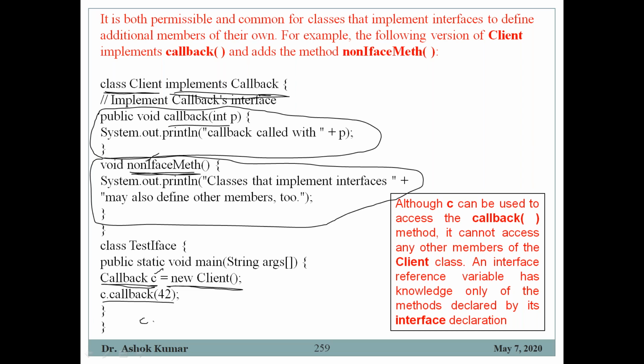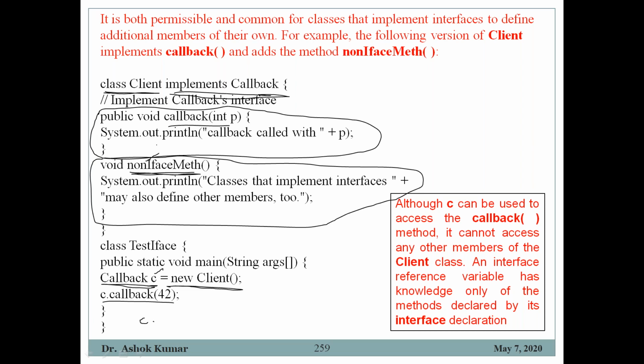So these methods cannot be called with the interface. If you try to execute c dot non-interface method, you will get an error message. So the methods that don't belong to the interface cannot be called with the reference of the interface type.